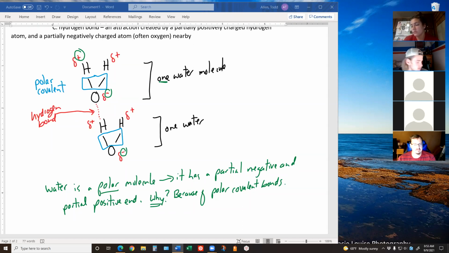Here we go. True or false? I want you to tell me. It is impossible to create hydrogen bonds when the molecules next to each other do not have atoms joined by polar covalent bonds.